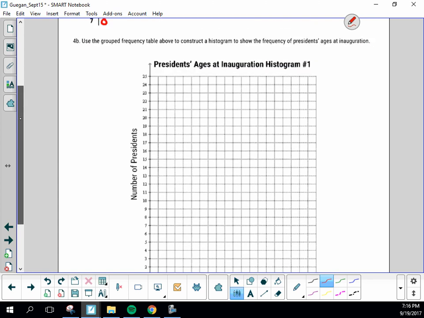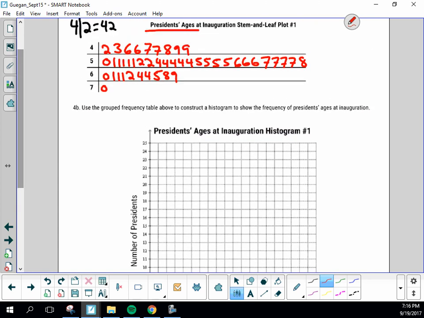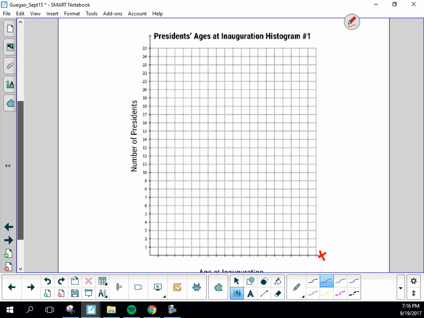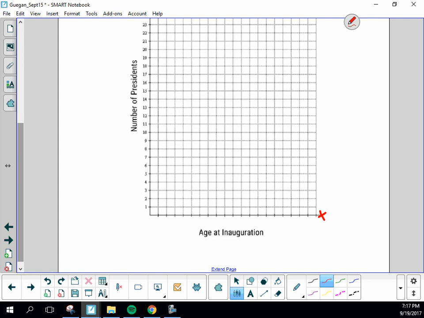Okay? And in this case, our intervals are every 10 years, 40 to 49, 50 to 59, 60 to 69, 70 to 79. Okay, that's 4 intervals, so let's break up our x-axis into 4 even pieces. We have 20 boxes. 20 divided by 4 gives us bars that are going to be 5 wide.